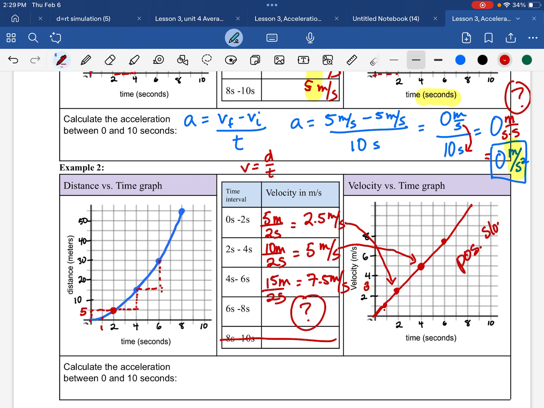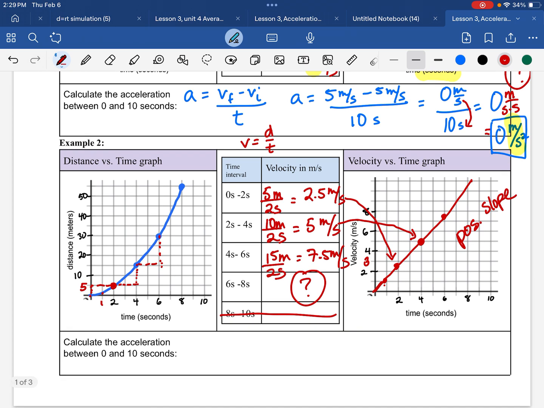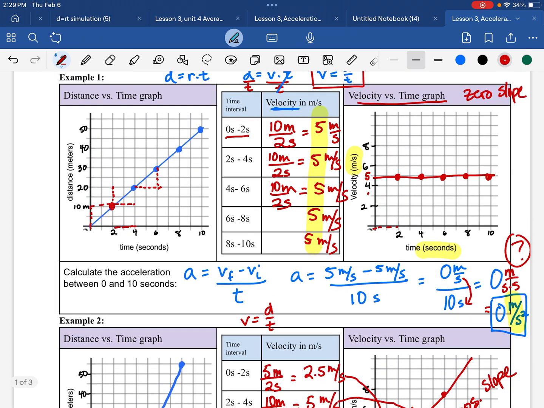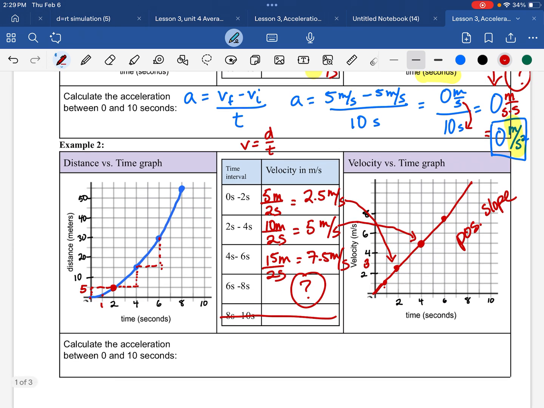Positive slope. So what does that mean? Here we had a 0 slope and our acceleration was 0. Now we have a positive slope. Let's see if our acceleration is positive. So we're going to use our formula. Acceleration equals v final minus v initial over time. So we'll do this one together.